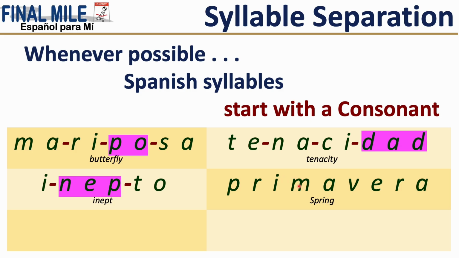We won't know that until we get to the next vowel and decide how we're going to divvy up the consonants in between the vowels. We have a vowel right here. We can't start it with just a vowel. Therefore, we're going to put the break between the I and the M. And tell me what this syllable sounds like. Pri.